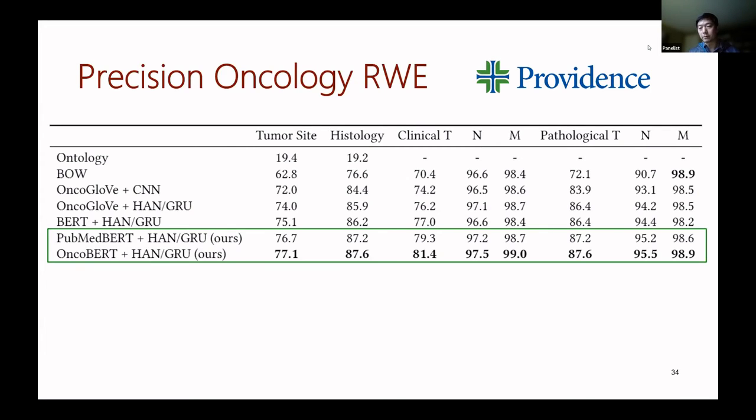And here, domain-specific pre-training again plays an important role. We actually tried to pre-train an OncoBERT using oncology notes, because that's still quite different from the general biomedical literature. And we find that in this particular application, it actually performs even better than PubMedBERT.